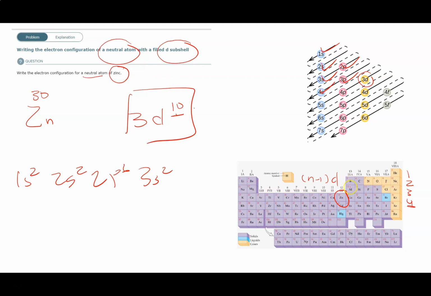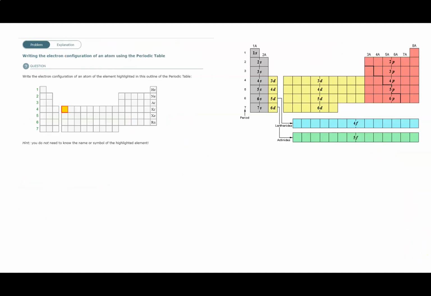And then we have 3p1, 3p2, 3p3, 3p4, 3p5, 3p6, that gets me to the end of that. And then we've got 4s1, 4s2, that gets me to the end of the s block. And then 3d1, 3d2, 3d3, all the way up to 3d10. So it doesn't really matter which way I do it. I just have to remember that that's ns, that's n minus 1 d, that's np, and then this is n minus 2 f. So you can count them off the periodic table if you want to.